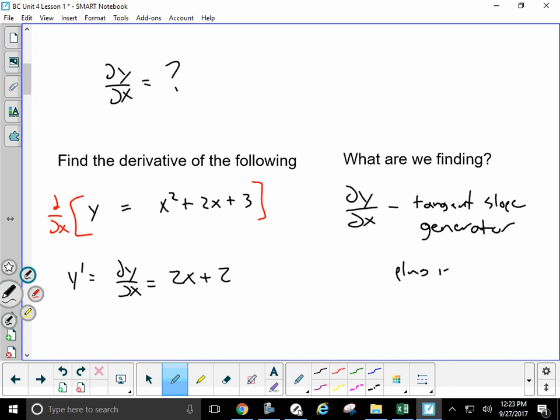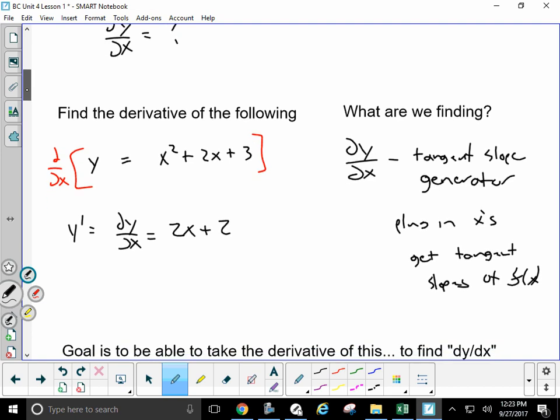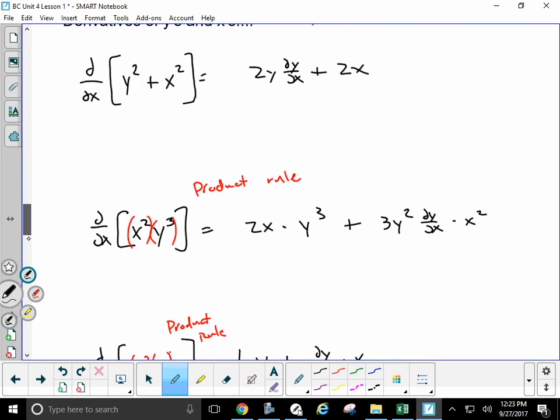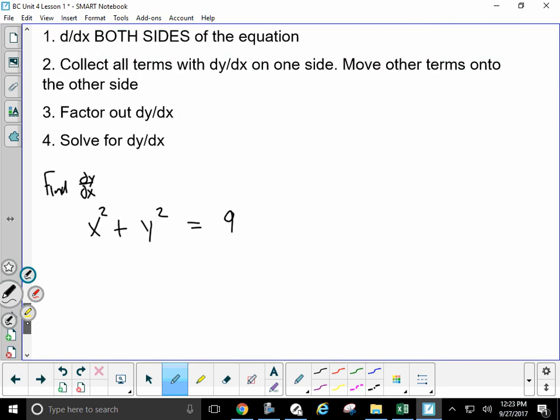We plug in x's, you get tangent slopes. Okay, let's see what it will look like for x squared plus y squared equals 9.